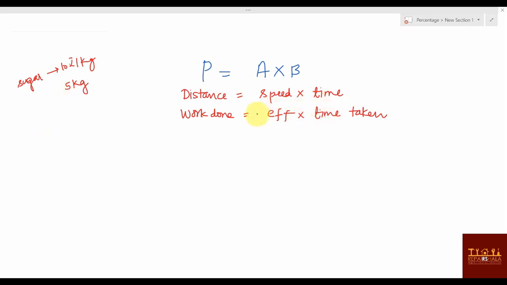So the expenditure of any home will be consumption into price per unit. The unit might be kg, it might be liter, it might be anything. It might be sugar, atta, flour, water, anything. So unit, price per unit, expenditure.